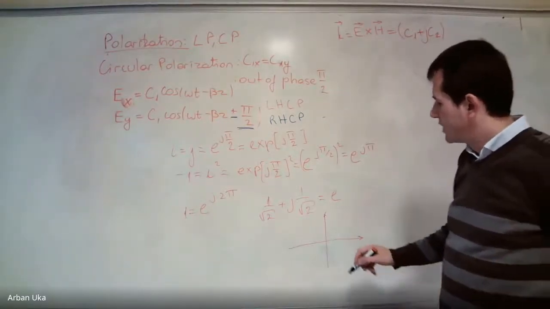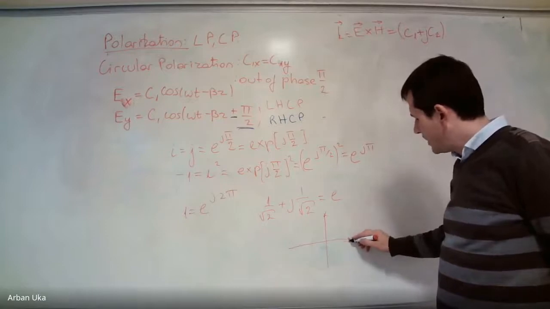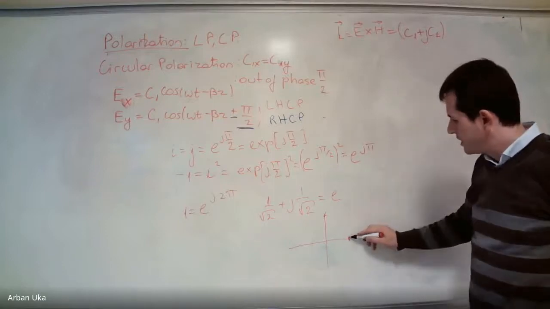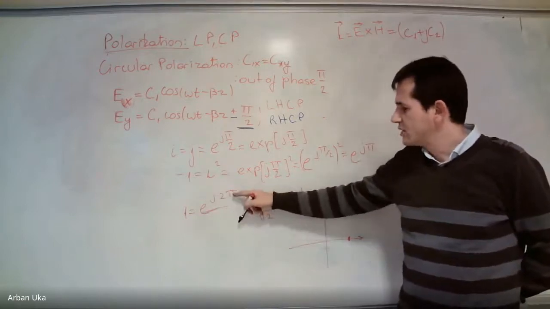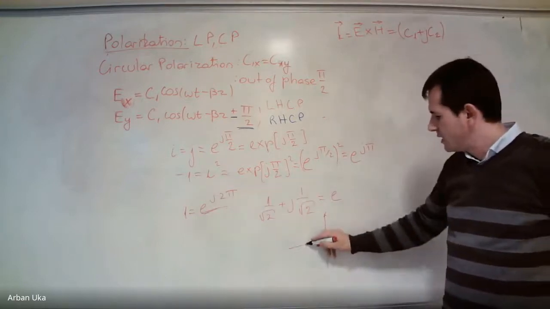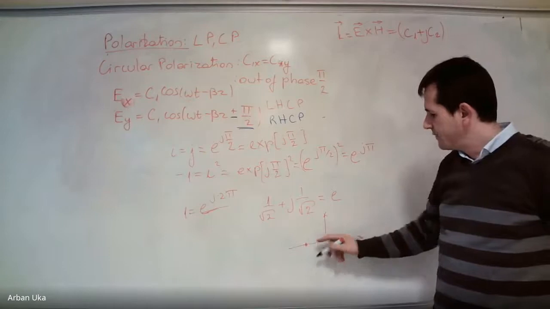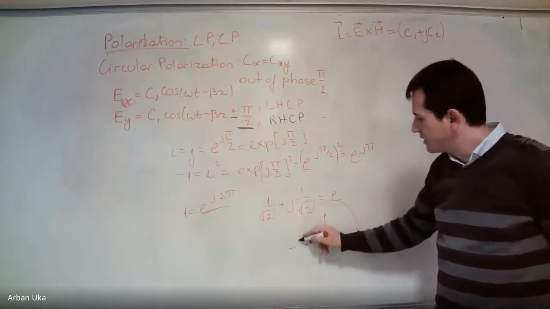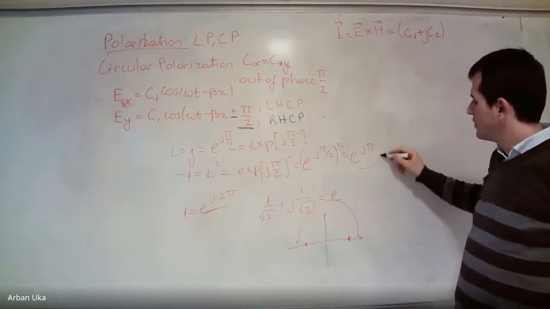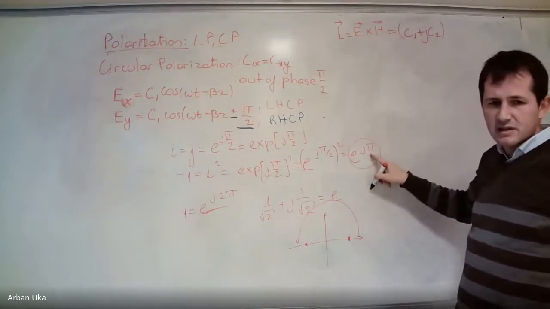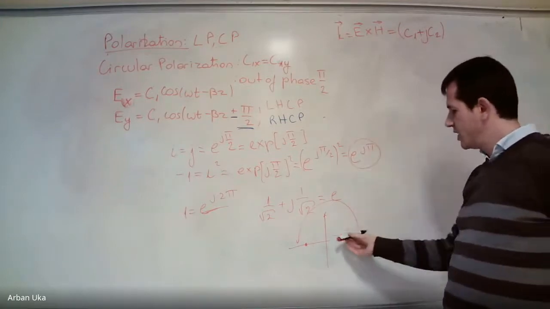So, if we look at the complex numbers, 1 is this point here in the real domain. 1 is e to the power j times 2 pi, or 0. Then minus 1 is e to the power j, but the angle is plus pi, okay? So if we check here, -1 is e to the power j pi. This tells us how much the angle will change with respect to 0.